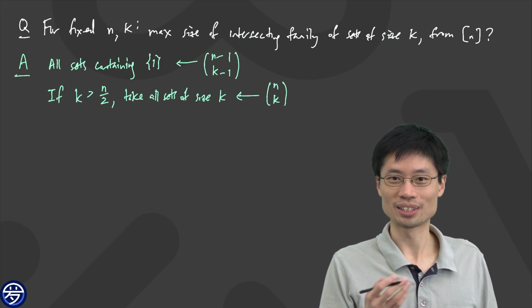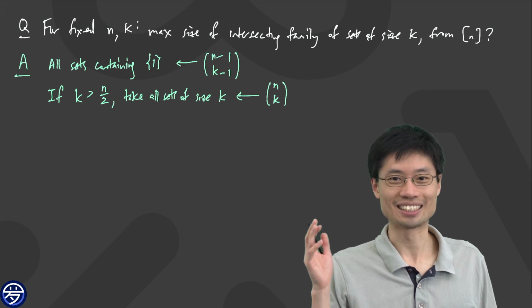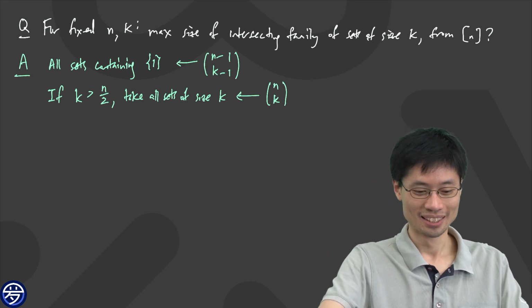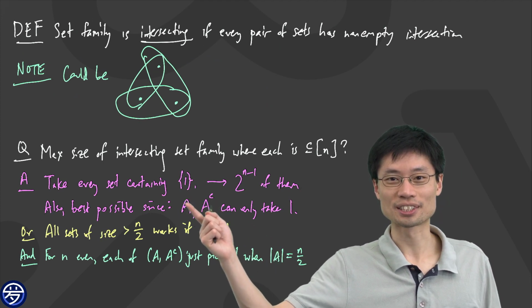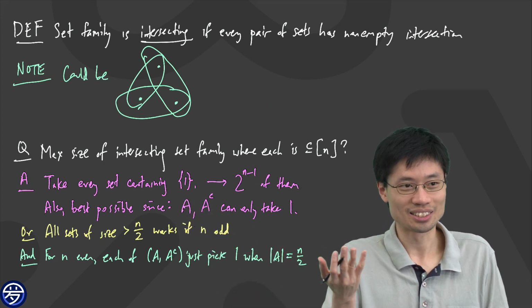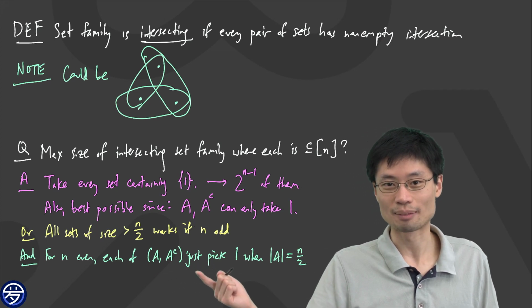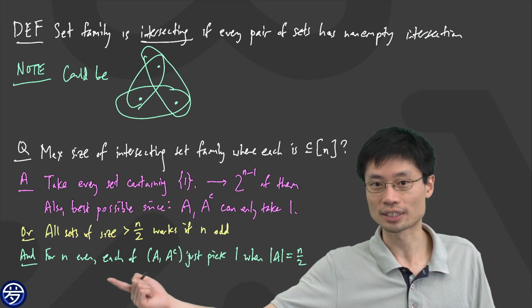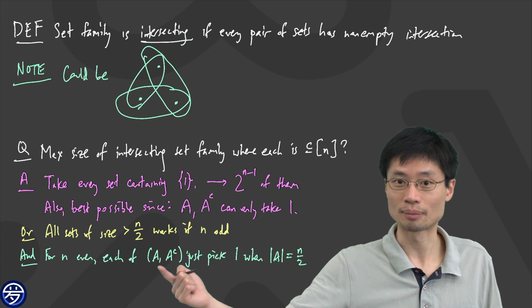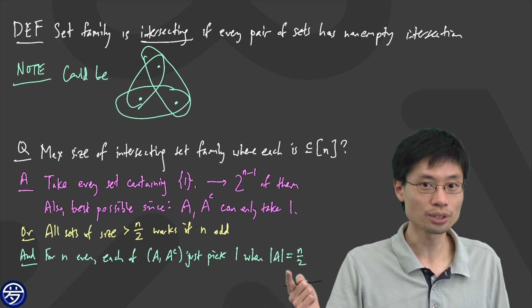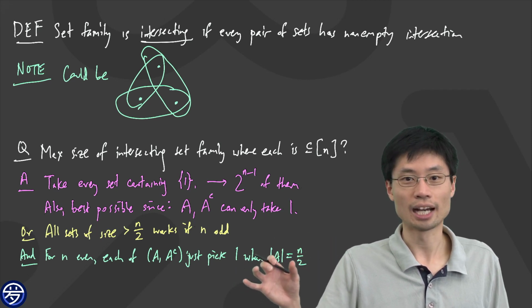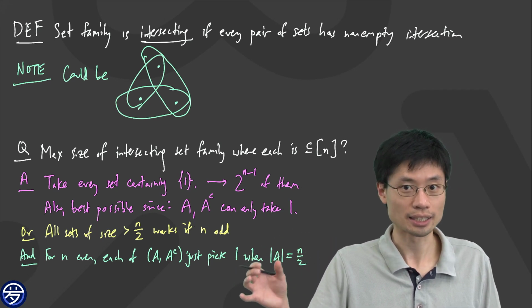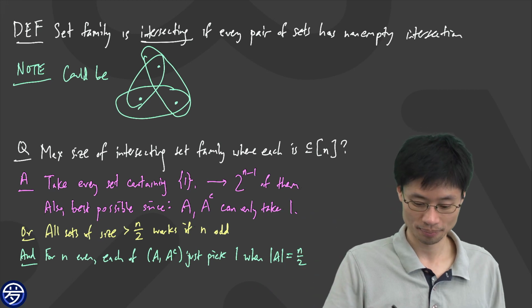In fact, it's related to what we did, these three things that came up just now. We have not exhausted all three things. We did the first line, we did the second line, and since Tingwei already said it, you can also do the third line. If n happens to be even, then I could also take every A and its complement, where A has size exactly n over 2, and just pick any one.